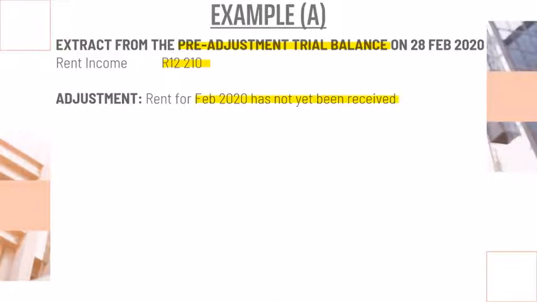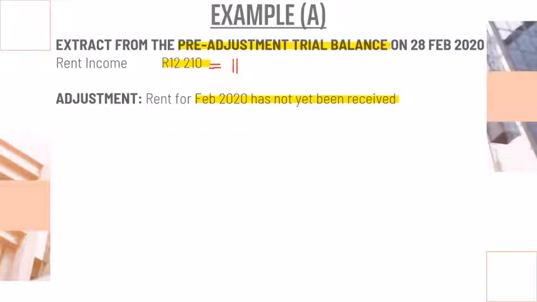In other words, this 12,210 Rand only reflects rent for 11 months because we haven't received money for February 2020 yet. Have we earned it? Yes. The tenant used the building in February 2020. He just hasn't paid us yet.